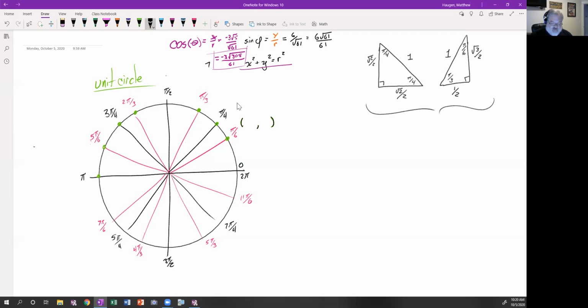Divided by 1, because that's our hypotenuse length or radius length, but still, if we knew that x and y coordinate, we would know the sine and cosine of pi over 6.